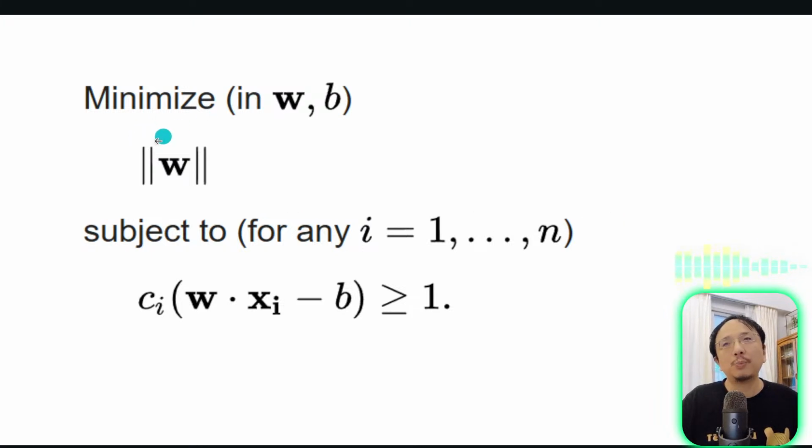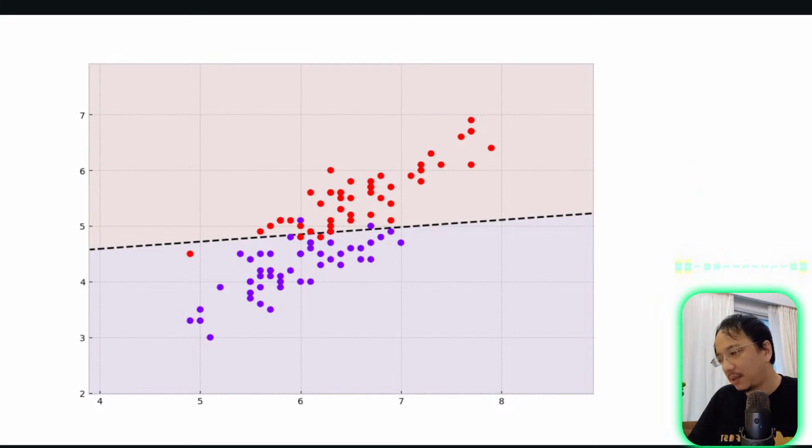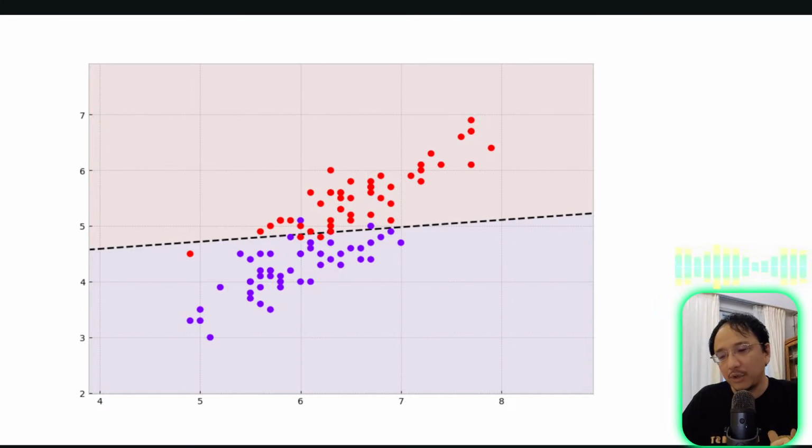We only want to minimize this guy, but W and B are parameters that you can adjust. Okay, so let's move to the next issues about this approach.